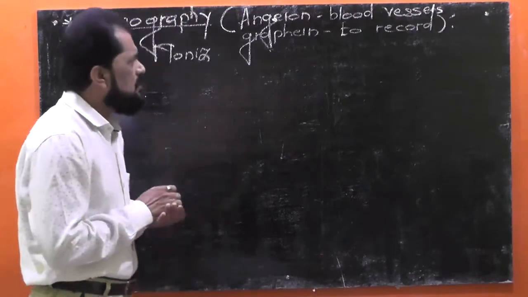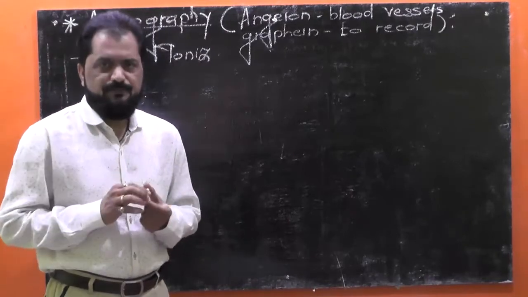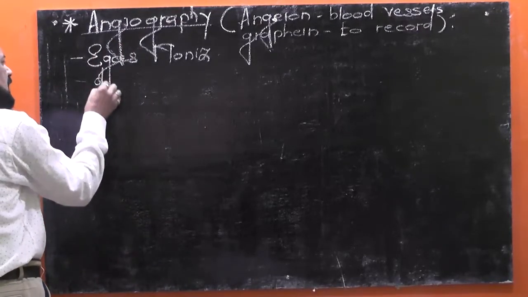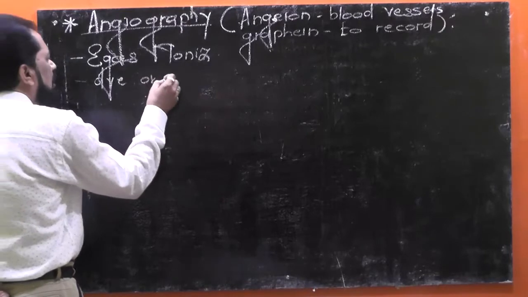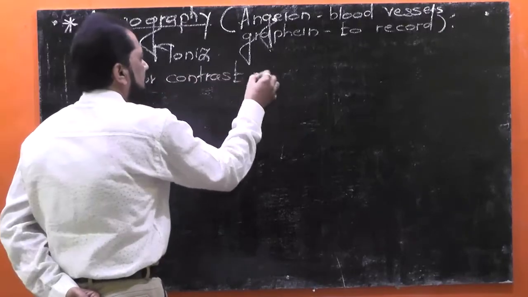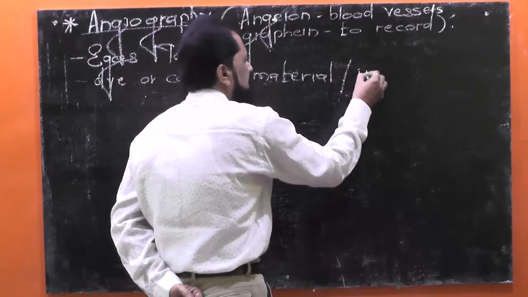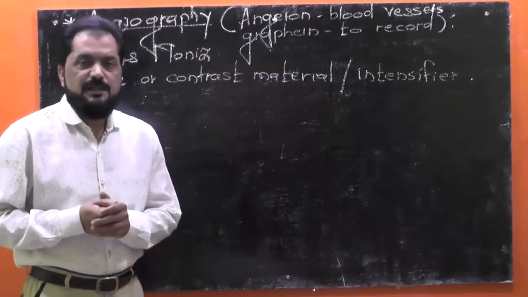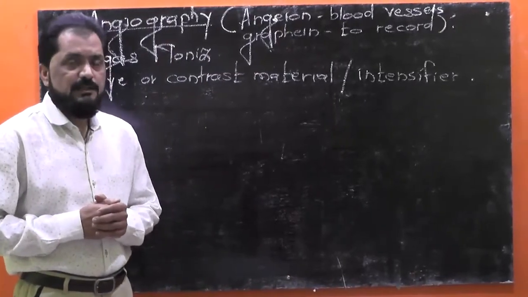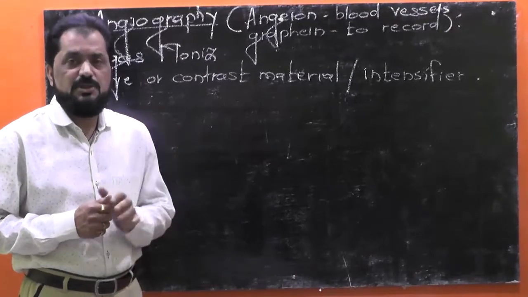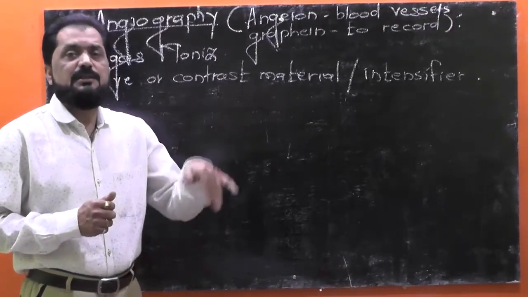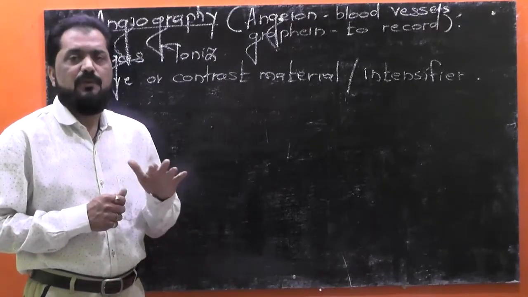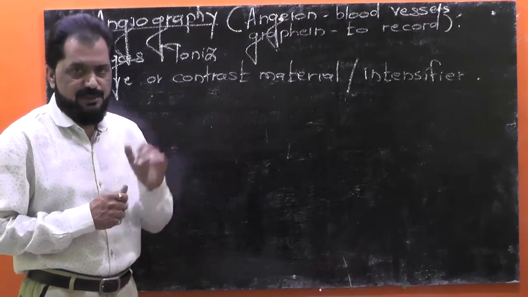Now, during angiography, the dye, that is an intensifier known as contrast material, it is filled into the blood vessel so that the blood vessel of that particular region appears darker than the surrounding tissue, and its X-ray photographs are taken for the study of flow of blood through the blood vessel.